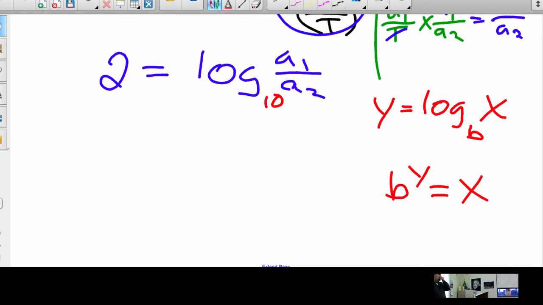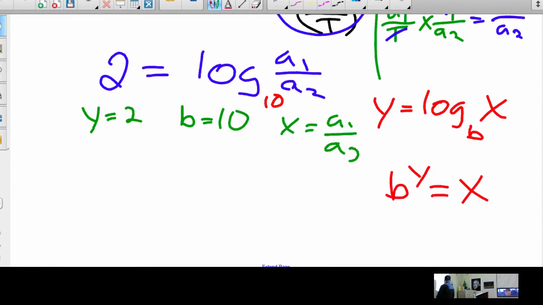Is that right? So in this scenario, what's my y term? y equals 2. What's my b term? My base is 10. And what's x? a sub 1 over a sub 2. So if I rewrite this, I would say what?